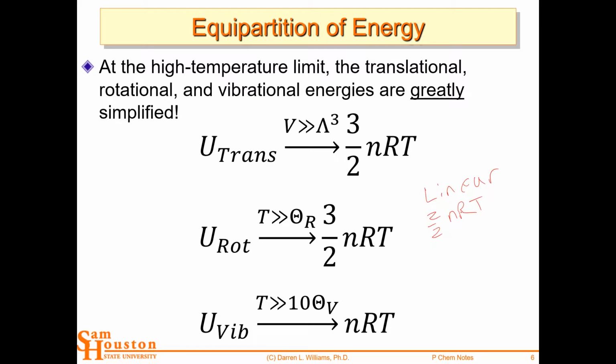And then for vibration, whenever the temperature is greater than 10 times the vibrational temperature, then you have active vibrations. Now this is a difficult thing. This is where the ambiguity comes, because in a molecule like toluene, the bending of the whole molecule may be active. It might have a vibrational temperature of, let's say, 20 Kelvin. So at 298, we're more than 10 times greater than that vibrational temperature.